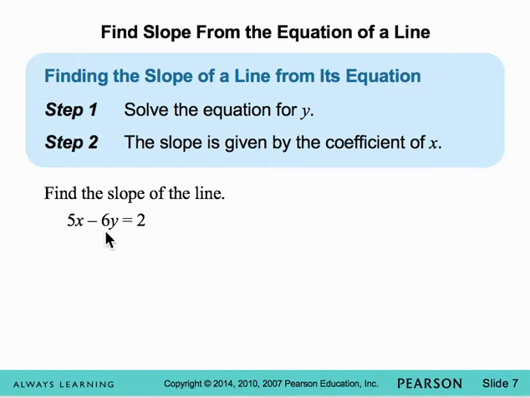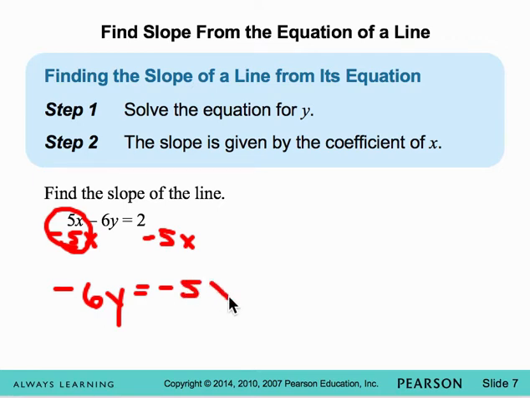Remember we've done this before, solve for a particular variable. I'm going to solve for y. That means I want the y's over here, everything else on the other side. So I'm going to subtract 5x from both sides. That means this is gone. So I'd have negative 6y equals negative 5x plus 2.